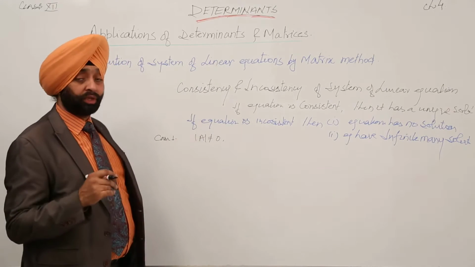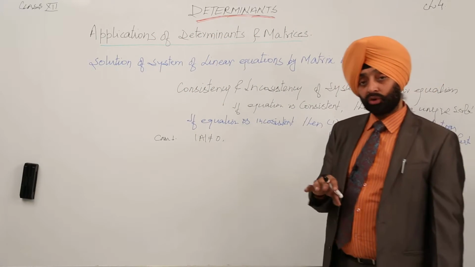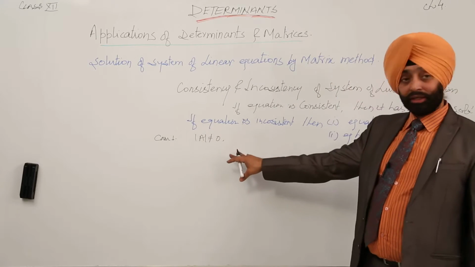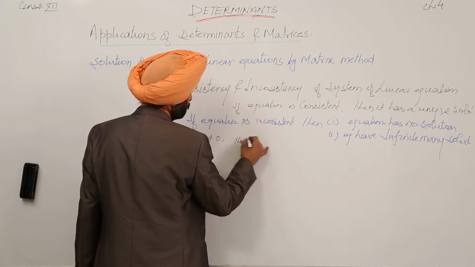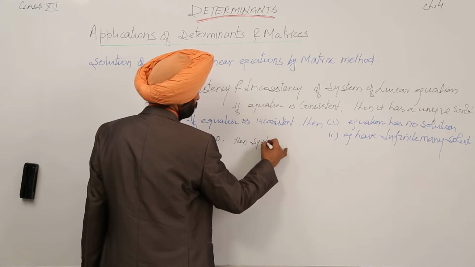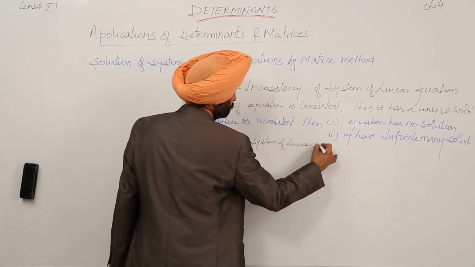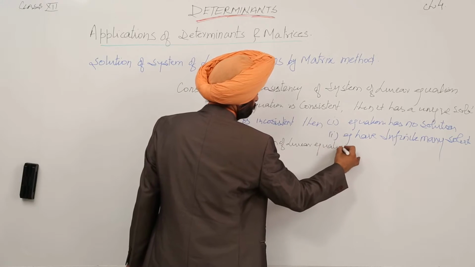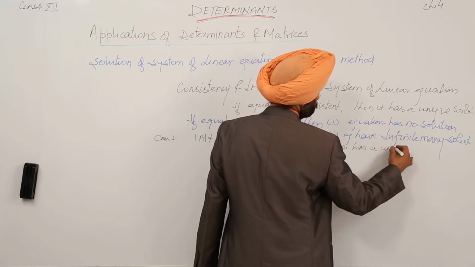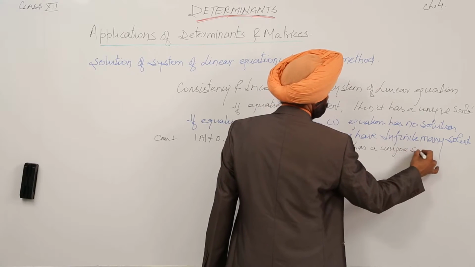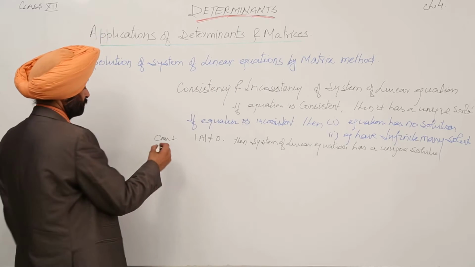If determinant of A is not equal to 0, then A is invertible, and we can find the inverse. Then the system of linear equations has a unique solution.